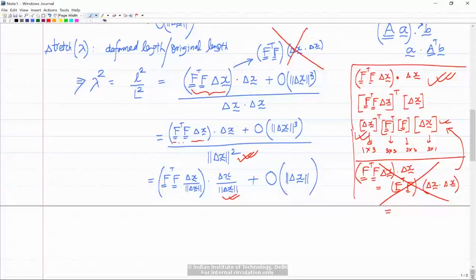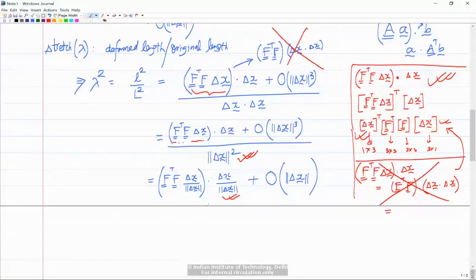So many zeros. For the other big O term, I have just written mod delta x, or delta x to the power 1, because earlier it was delta x to the power 3 and it gets divided by delta x to the power square, and what is left is delta x to the power 1. Okay, I hope that is okay with all of you.